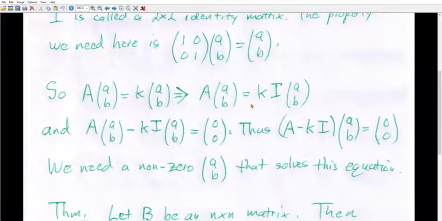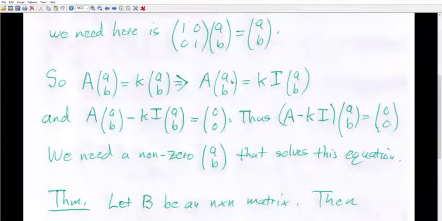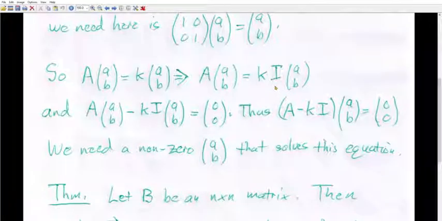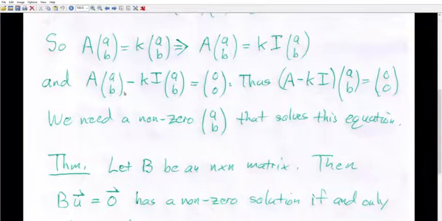So if we take our equation, A times the column vector (a, b) is k times the column vector (a, b), we can rewrite it as A times (a, b) equals kI times (a, b), because (a, b) is I times (a, b). And this is going to let us actually do some algebra. Now we're going to move this onto the left-hand side.